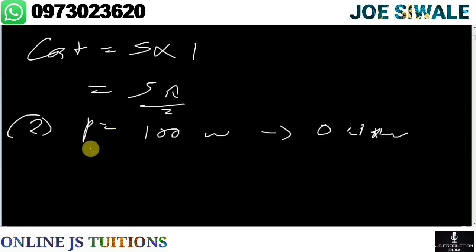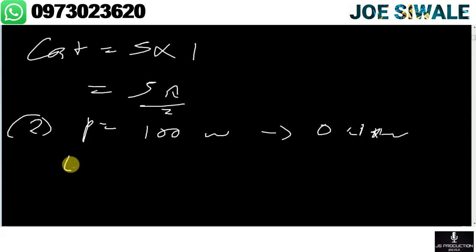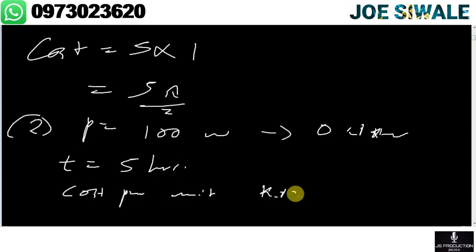Then we also know that the time it is used for is 5 hours. The cost per unit we have been given as 12. So for us to calculate that, let us calculate the units.